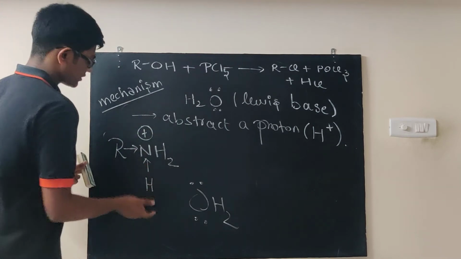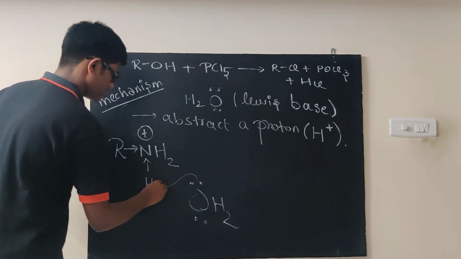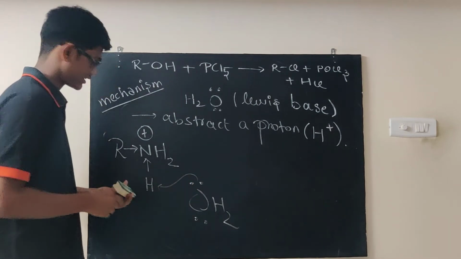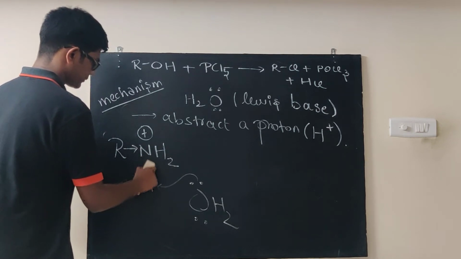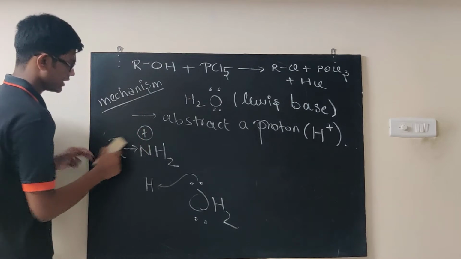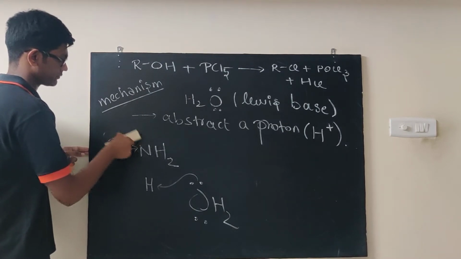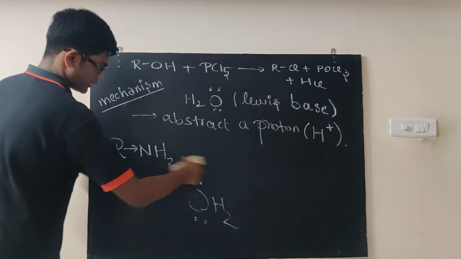So oxygen says, I'll give you my electrons. Hydrogen cannot have two bonds, so it lets go of this bond. Both these electrons fall onto nitrogen and the positive charge goes away. You're left with RNH2 and H3O plus, right?